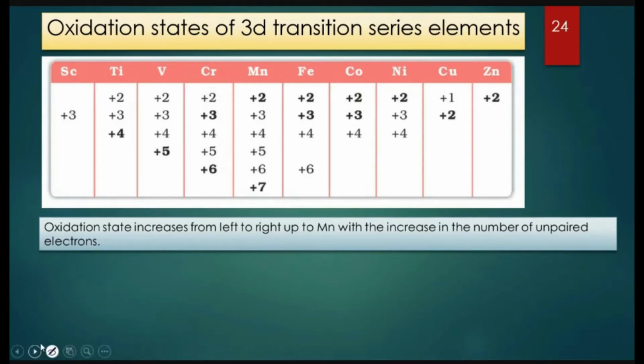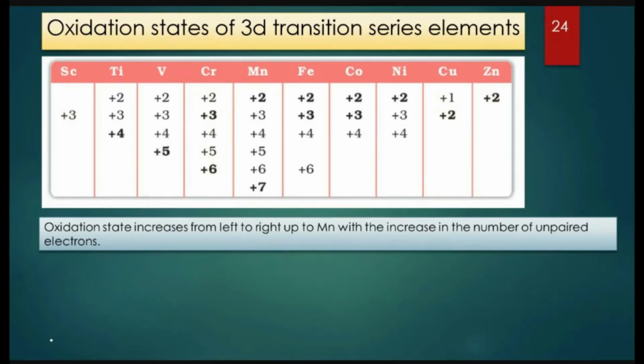See, if we have a closer look at the oxidation states of the first transition series of elements, you can see +3 for scandium, +4 for titanium, and for vanadium it is +5. From scandium to manganese it keeps on increasing because the number of unpaired electrons keeps on increasing, and it becomes maximum when it reaches manganese.